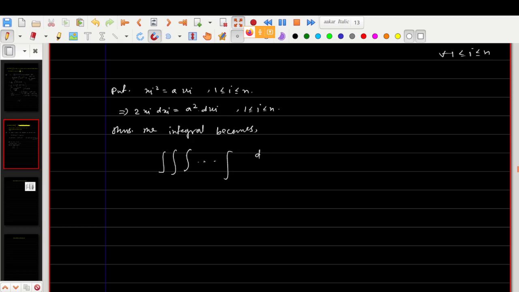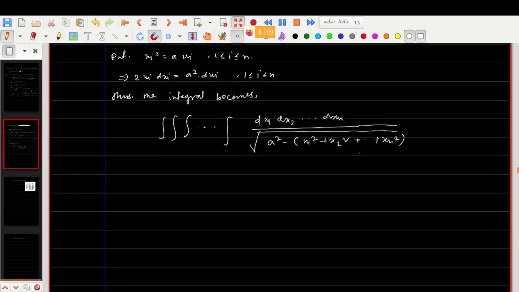That is actually, it is given dx1 dot dot dot dxn by the square root of a square minus x1 square plus x2 square dot xn square, right?